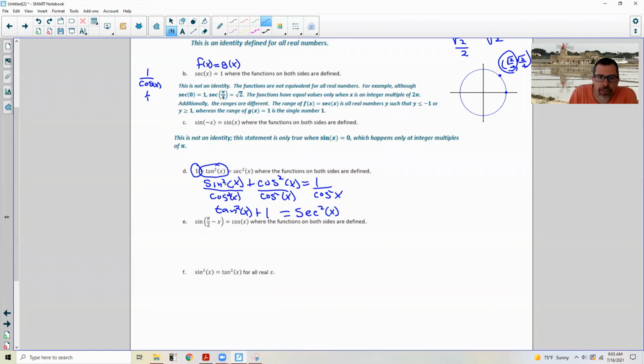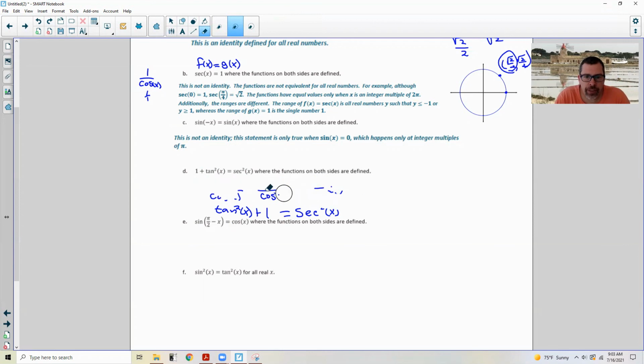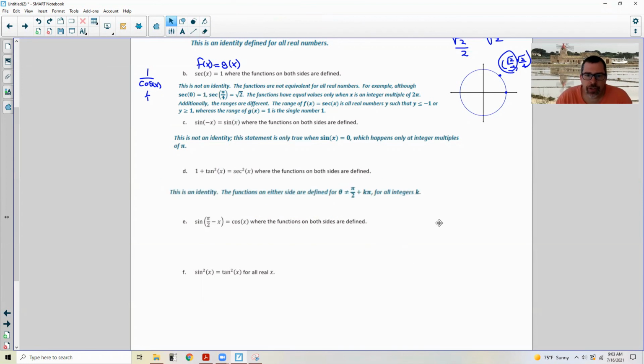So all it is is the Pythagorean identity with every single term divided by cosine squared x. Okay, so let's put this into words now, but that was just an example of where it comes from. So it is an identity. The functions on either side are defined for theta not equal to pi over 2 and multiples of pi.